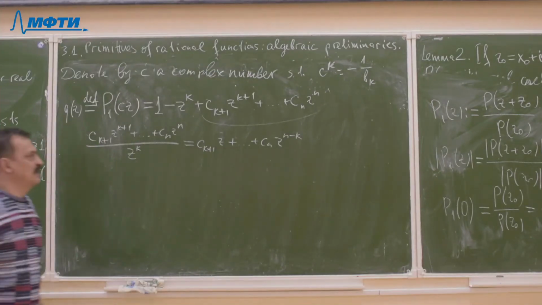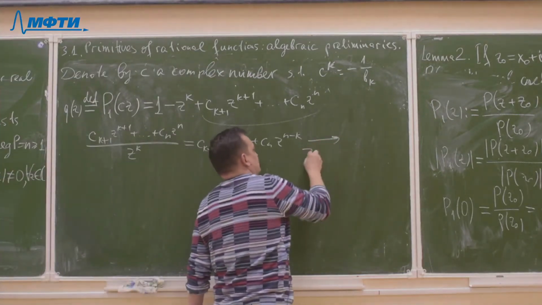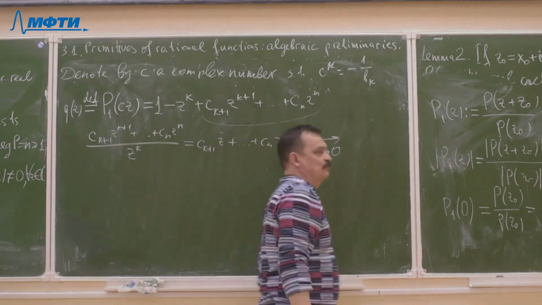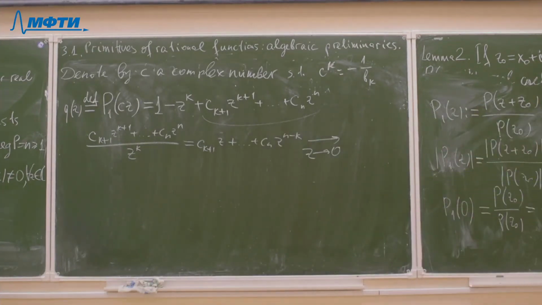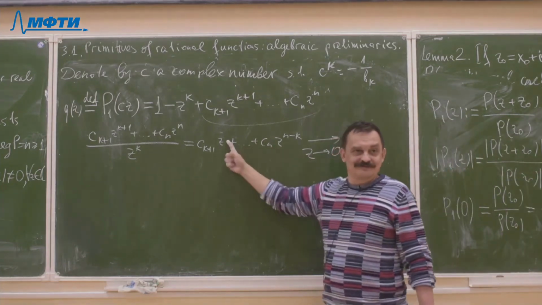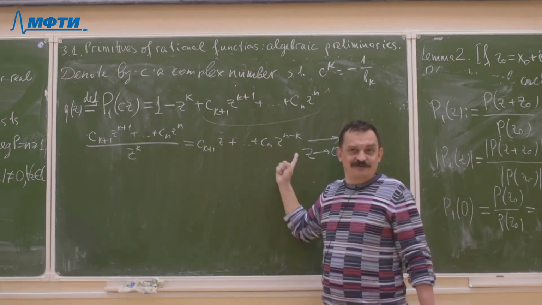What about the limit as z tends to 0? Once again, something that was not officially considered before. What is the limit of this expression as z tends to 0? Finitely many terms.